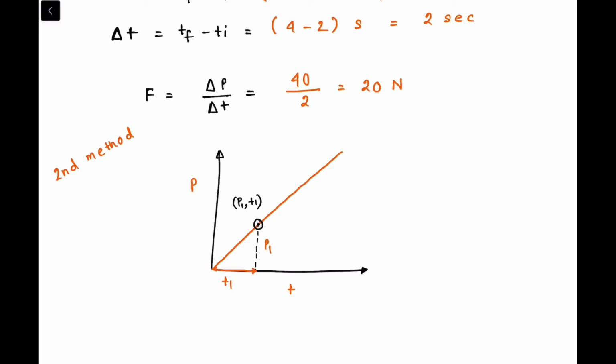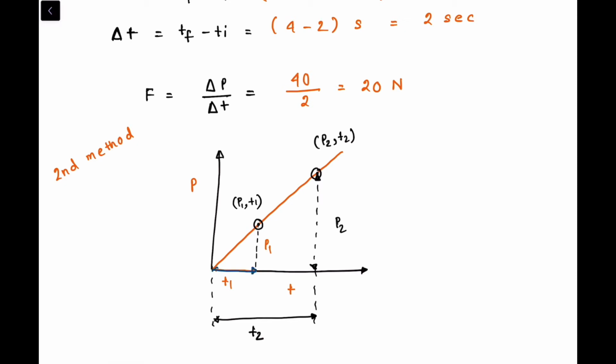Basic graph. And suppose this point is P2 comma T2. So this will be your P2, and this will be your T2, right? So what will be this part?